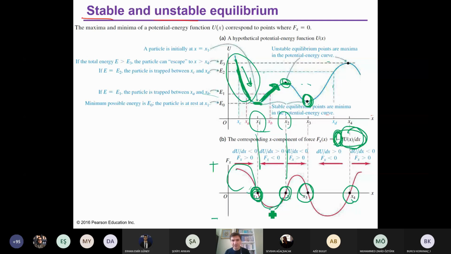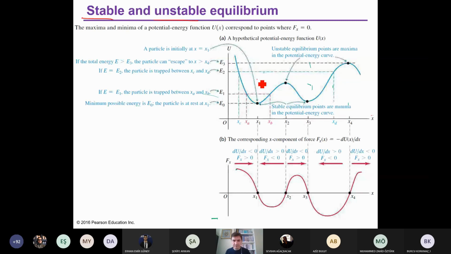And here we have negative change in the potential energy, then negative times negative, here we have positive force. Here we have positive change in the potential energy, then we will have negative force. Here we have negative change in the potential energy, here we have positive force. These positions are the equilibrium positions, okay? So this is the stable equilibrium.